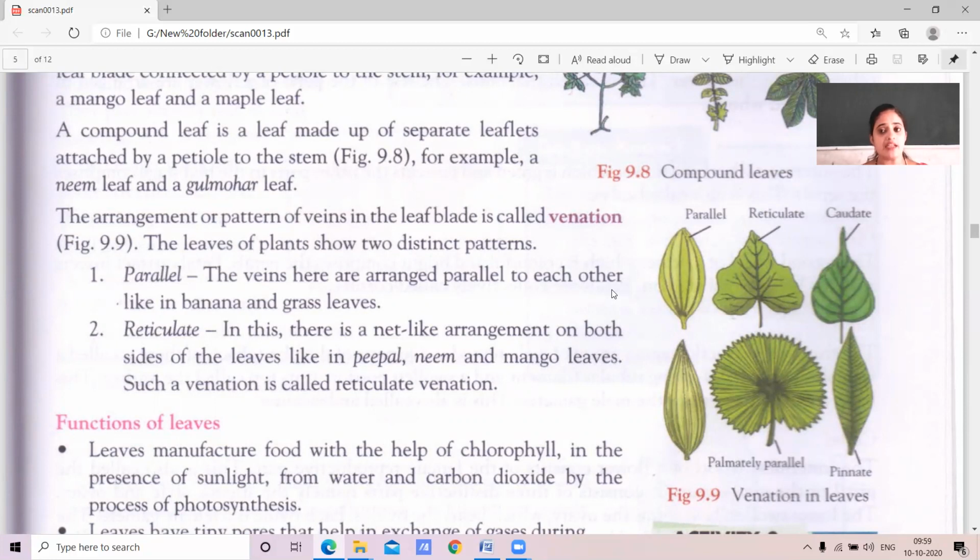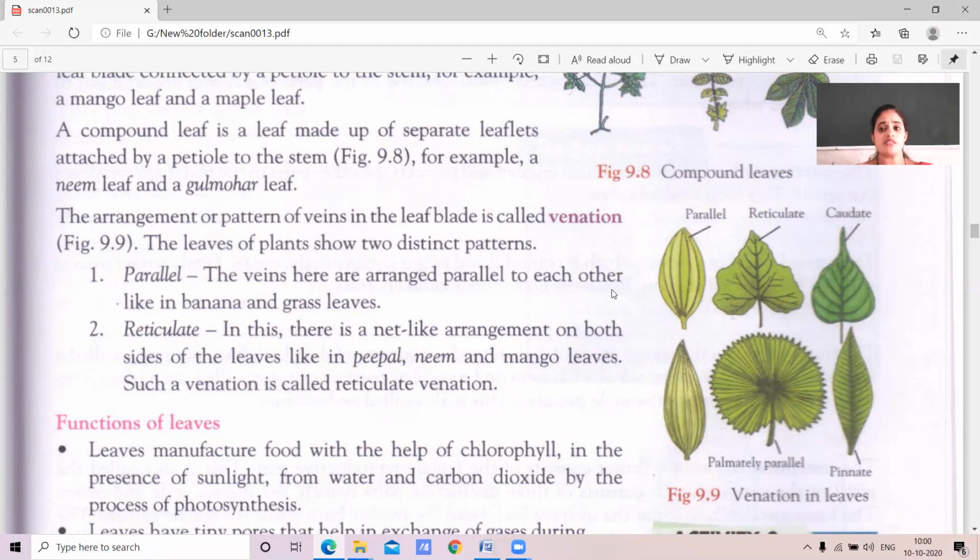What is parallel venation? The veins here are arranged parallelly. If you see sugarcane leaves or grass leaves, if you tear them, they will tear parallelly. So, the veins here are arranged parallel to each other.